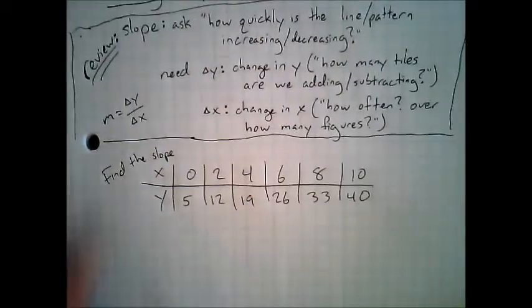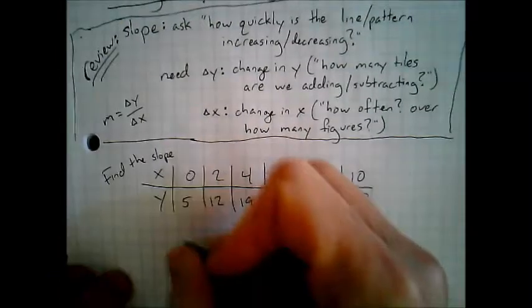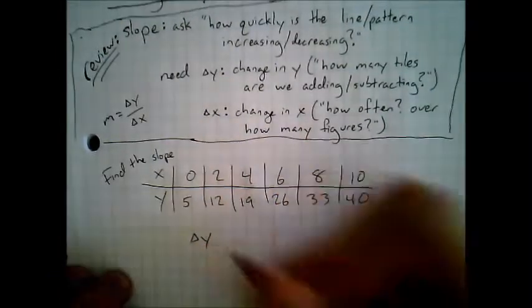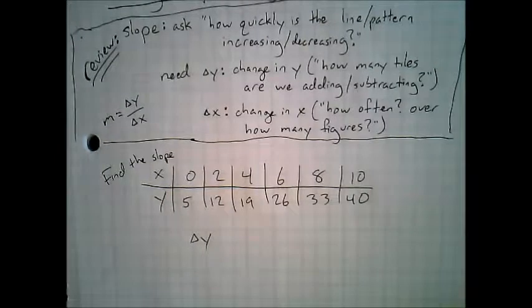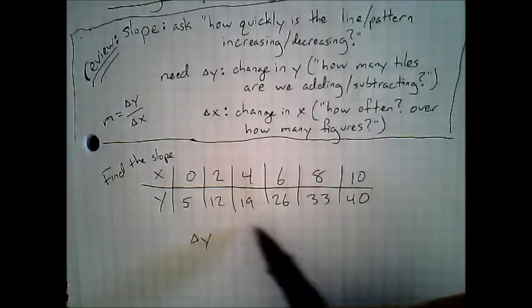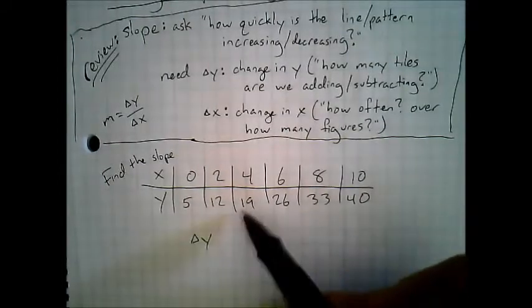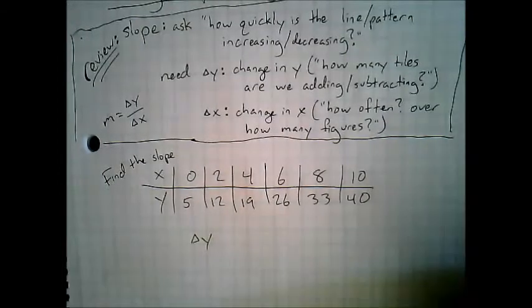So again, we need our delta y and our delta x. For our delta y, we ask ourselves, what's our change in y? How many tiles are we adding or subtracting through this table? We see we're going from 5 to 12 to 19 to 26 to 33 to 40. So we're asking, how many tiles are we adding each time?